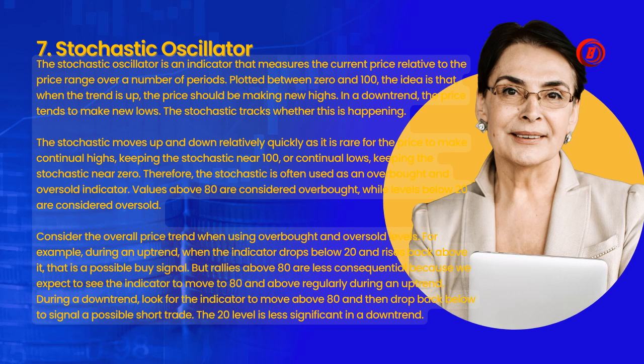But rallies above 80 are less consequential because we expect to see the indicator move to 80 and above regularly during an uptrend. During a downtrend, look for the indicator to move above 80 and then drop back below to signal a possible short trade. The 20 level is less significant in a downtrend.